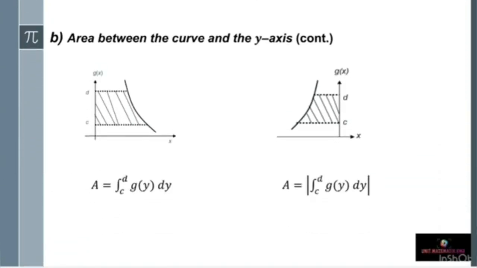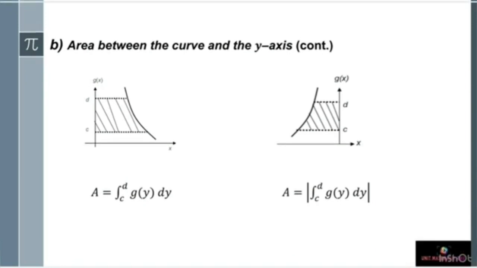Right? So we have two cases here for the area between the curve and the y-axis. For the first case, this is our region, and our region is to the right of the y-axis.